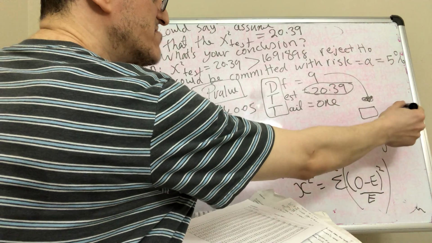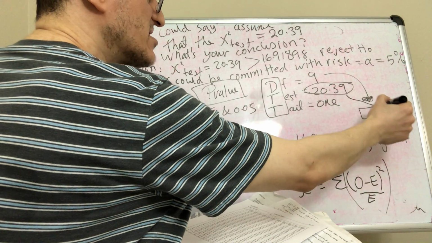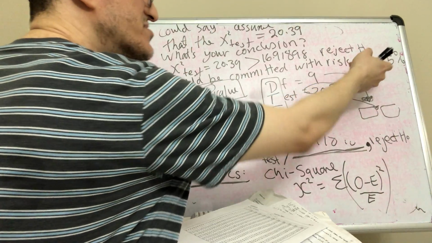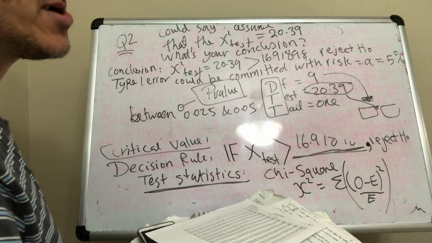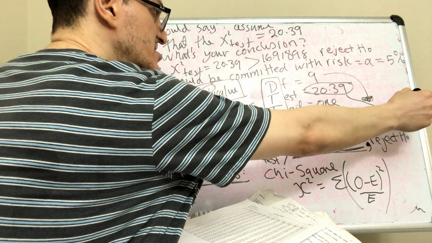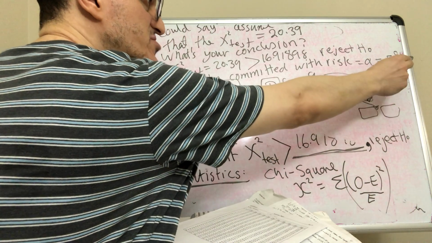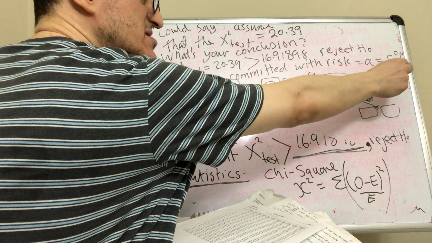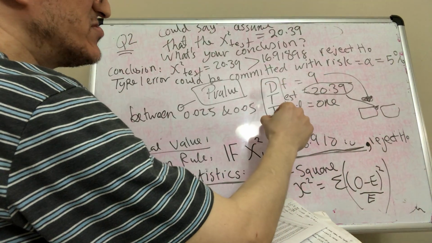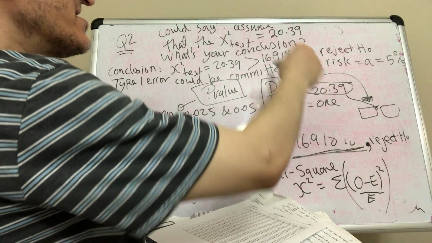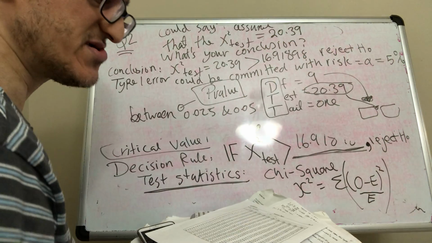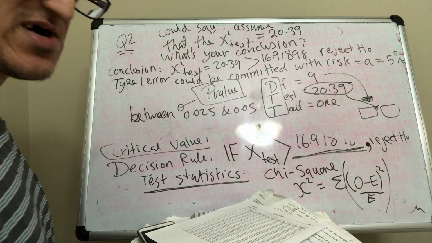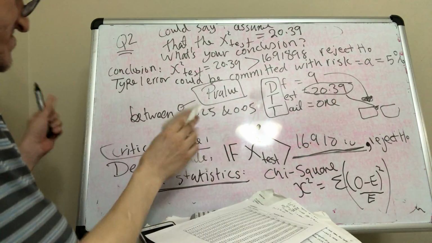You'll see that your number is somewhere between two numbers. You go up, and whatever the two percentages are, that would be your p-value. And if your number is more than the table, your p-value is less than the last percentage. And if your number is less than the table, it would be more than the first percentage. So there are three cases for the p-value. I'll talk about them quickly.